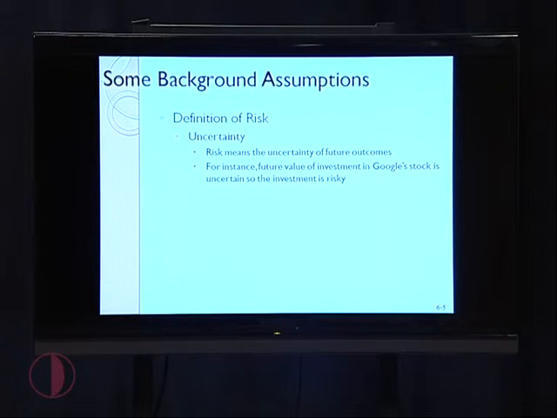For instance, the future value of an investment, for example Google stock, is uncertain, so the investment is risky. If we have investments that include uncertainty in the return, that investment will be a risky investment.